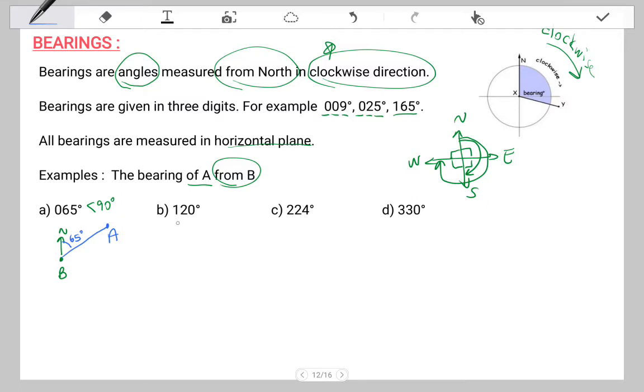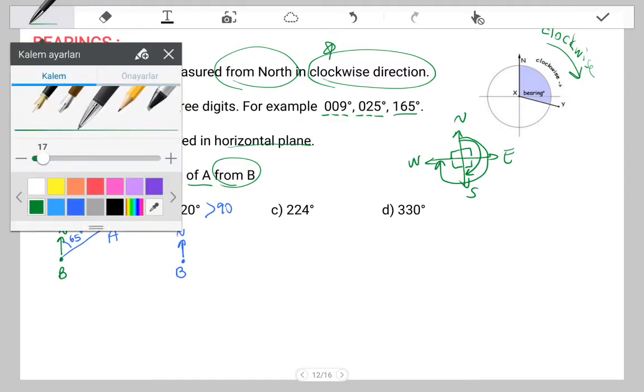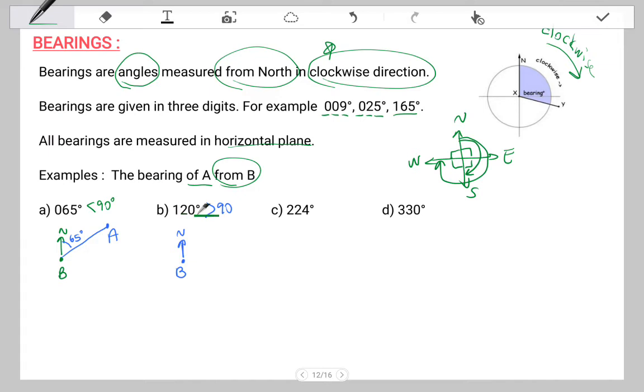In the second one we have 120 degrees. So 120 degrees is bigger than 90. Again, I'm going to plot B, label north on top of it, and start to turn until I get 120 degrees.